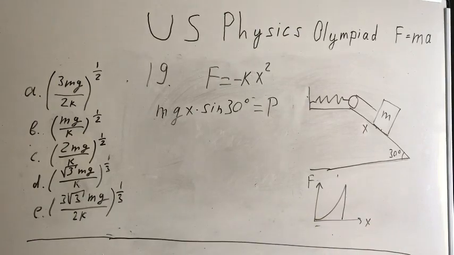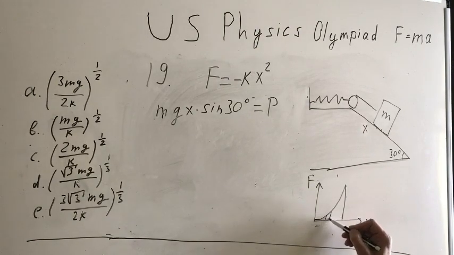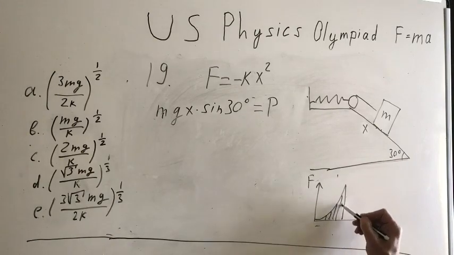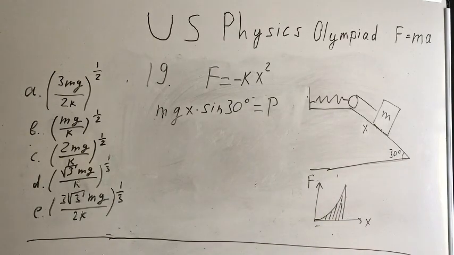So to find the total energy, we need to count the area under this curve, which is an integral. And I can remind you what the integral of a polynomial is.